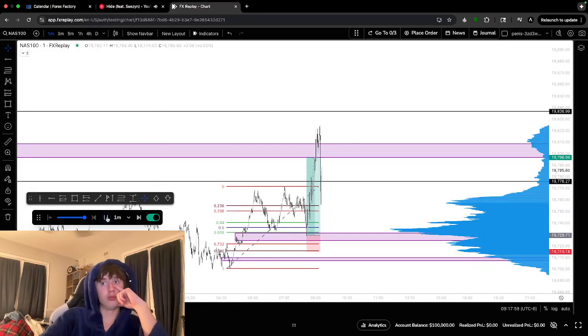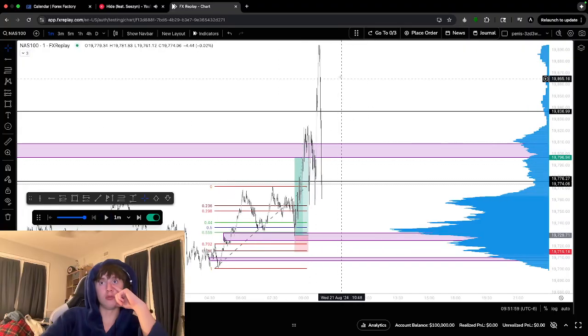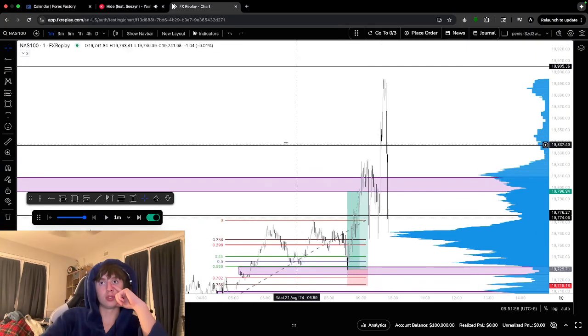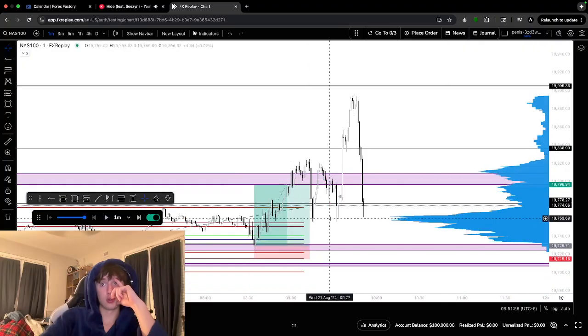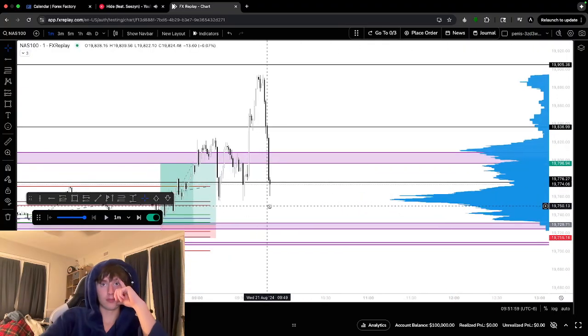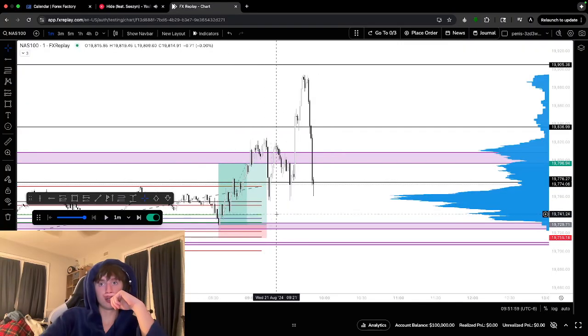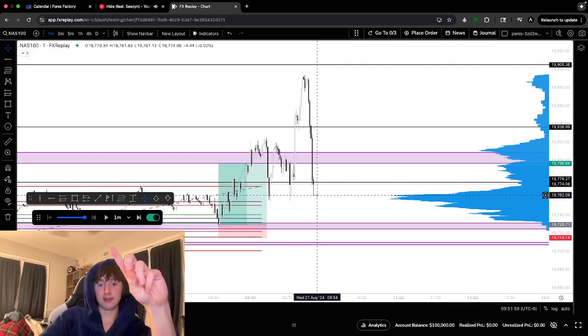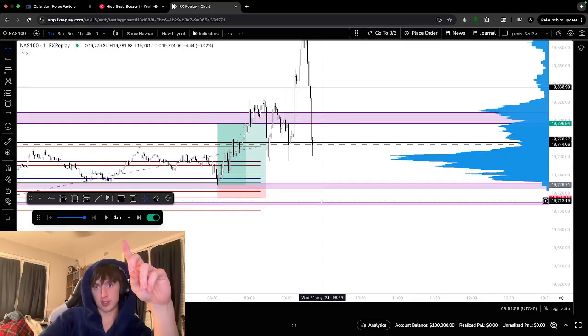Oh. A little volatile. Okay, so it really doesn't know what to do in this area. Is it gonna bounce up again, or is it gonna dump down here?